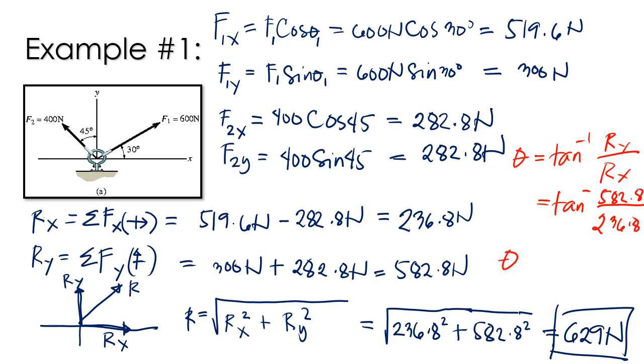So our theta is equal to 67.9 degrees. So this angle theta is equal to 67.9 degrees with the x-axis.